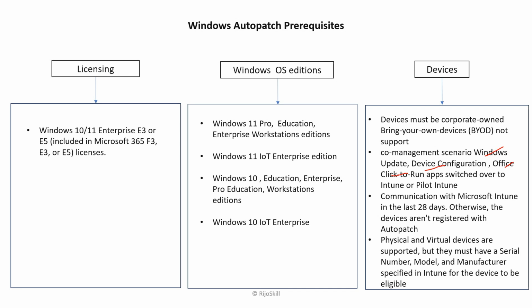So now you understand the prerequisites needed for Windows Autopatch. We will discuss how to activate the Windows Autopatch feature. We already discussed the prerequisites. If your prerequisites are okay, you can activate Windows Autopatch features. You go to Tenant administration, Windows Autopatch, and activate the features.